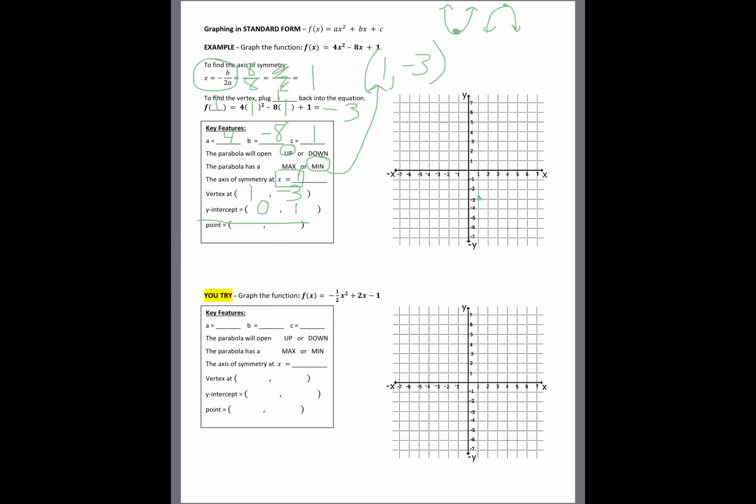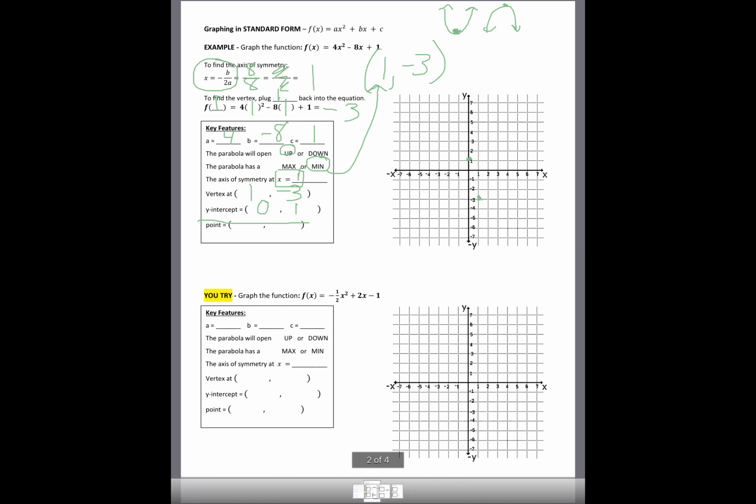Okay, so 1, negative 3 is my vertex, and then I can go ahead and graph my other points. I know I have a y-intercept at 0, 1, and don't forget, oh, geez, why isn't this? 0, 1, there we go. Don't forget you have that axis of symmetry going through that vertex.